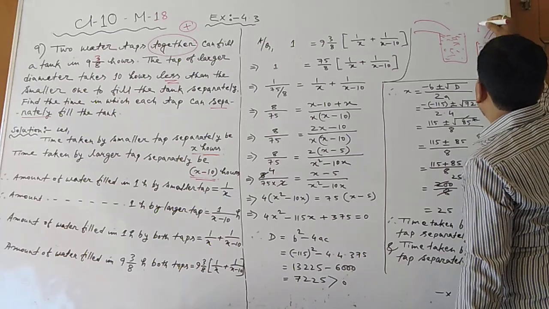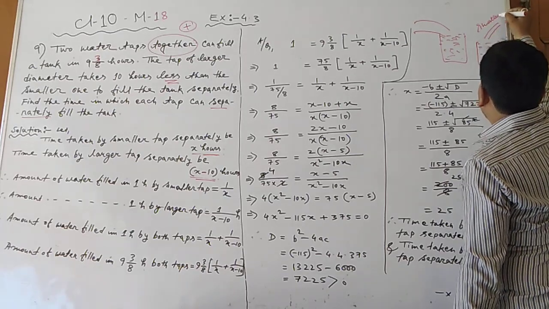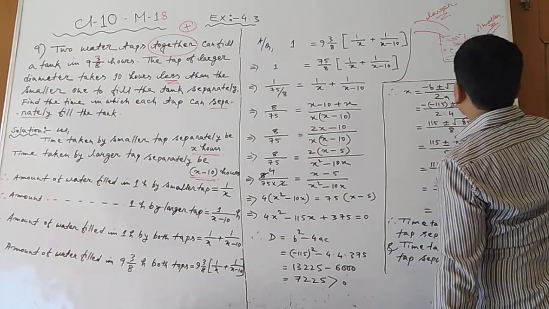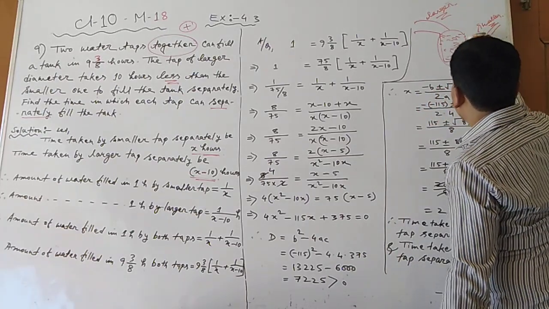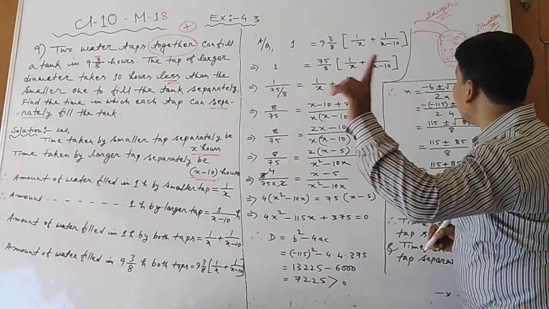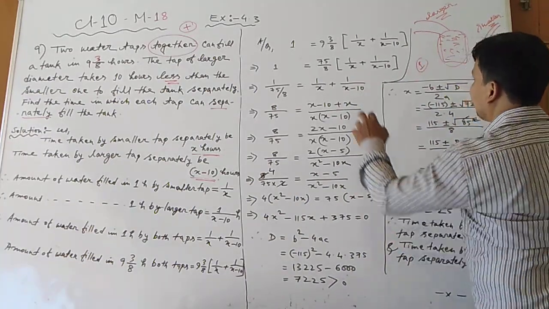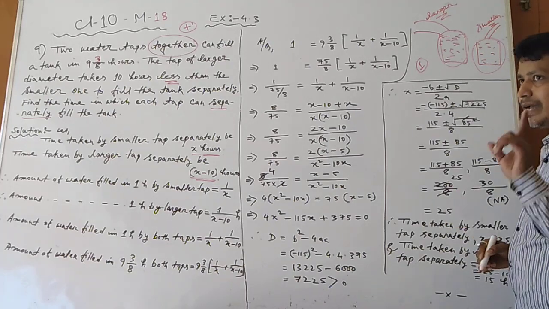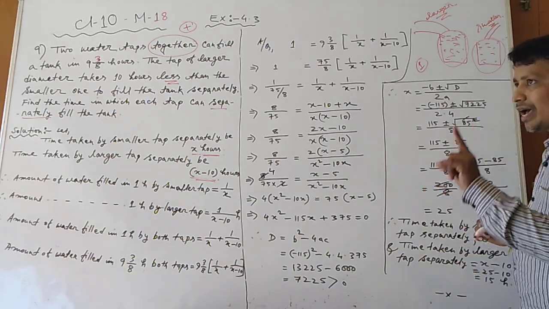This one is smaller, this one is larger. If a full tank fills up, it means one work done, denoted by 1. That's why 1 is written. Full tank fill up means one work done, 1.